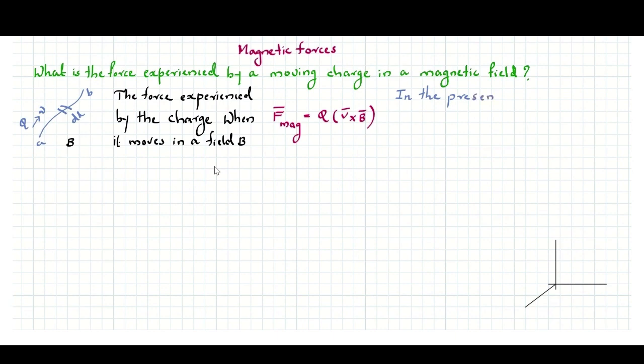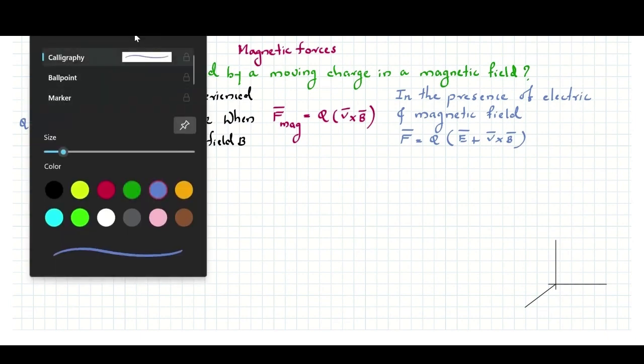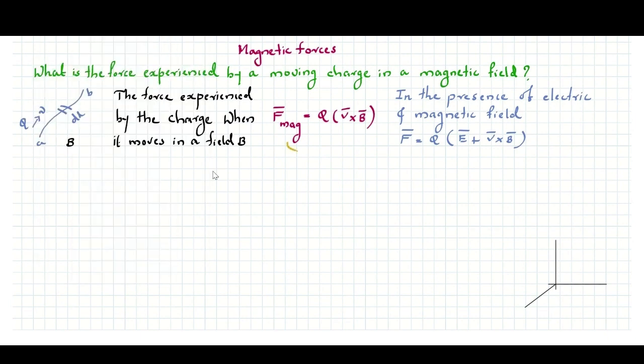Now, you assume that electric and magnetic fields are both present. In the presence of electric and magnetic fields, the Lorentz force law can be written as F is equal to Q into E plus V cross B. This is the force experienced by a moving charge.